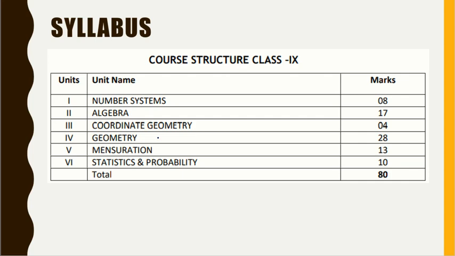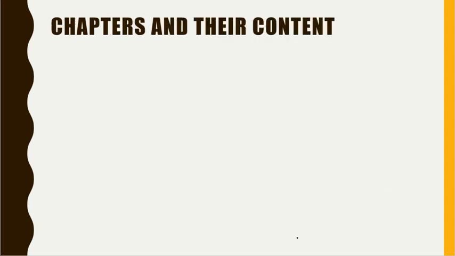That geometry carries 28 marks, and the 5th unit is mensuration, it carries 13 marks, and the last, 6th unit is statistics and probability, which will be of 10 marks. Put together, 6 units you will be writing for 80 marks. Then coming to the chapters and their content.